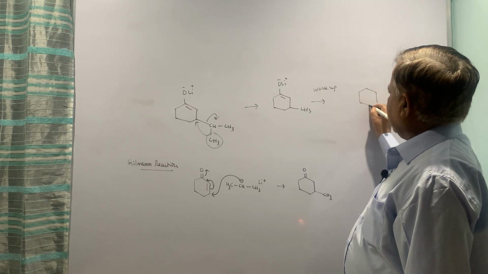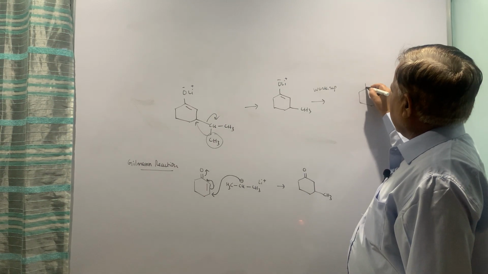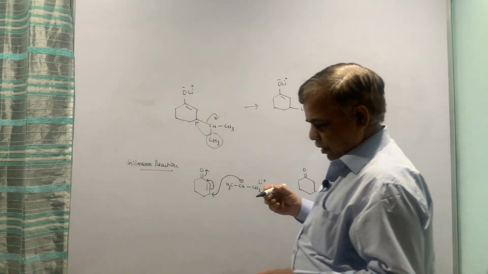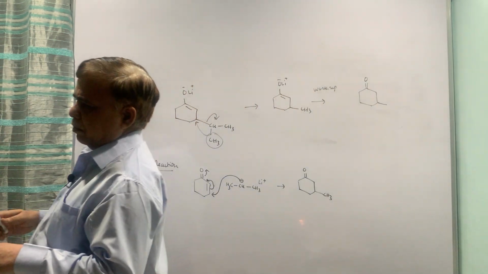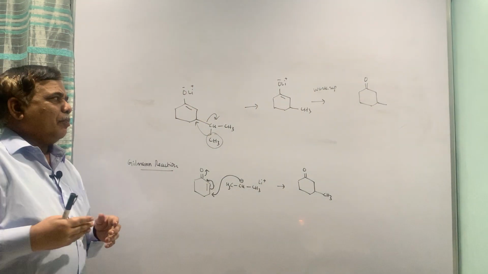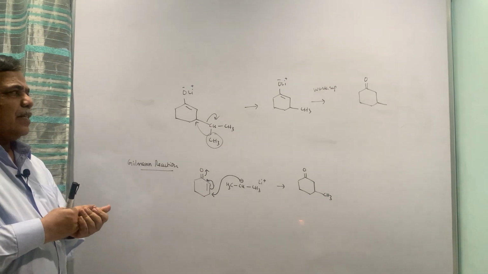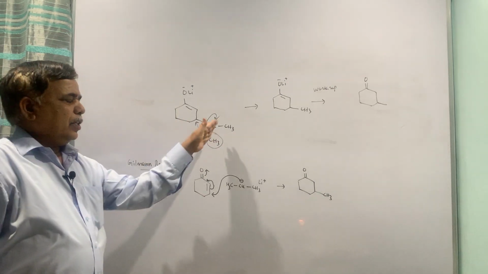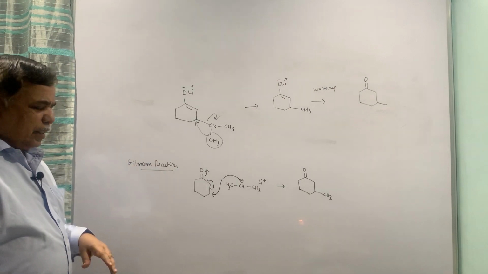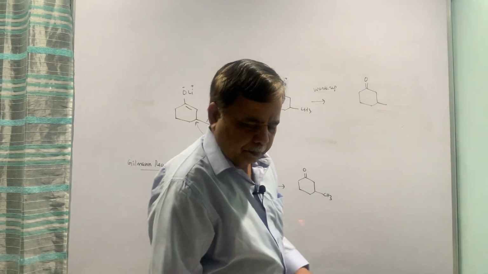What you will get is the addition of a methyl group, because that dimethyl copper is providing CH3 minus, and that is how the Gilman reaction takes place.